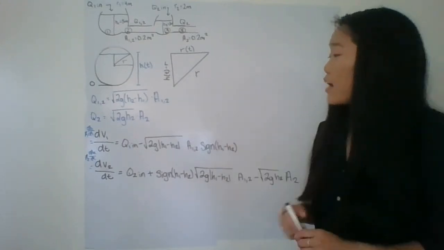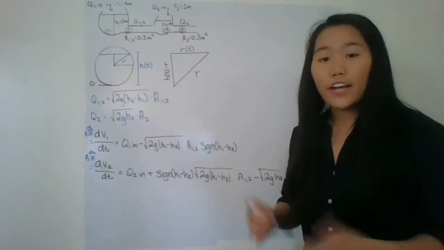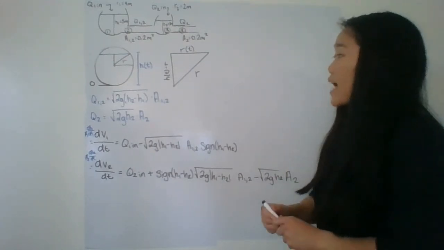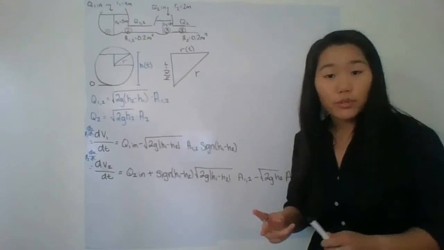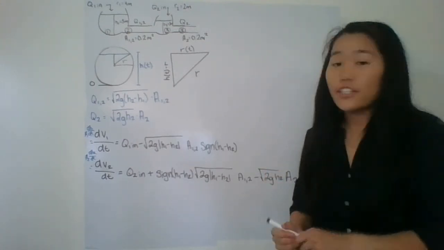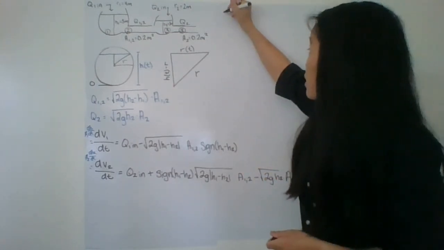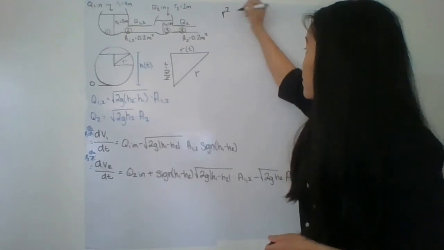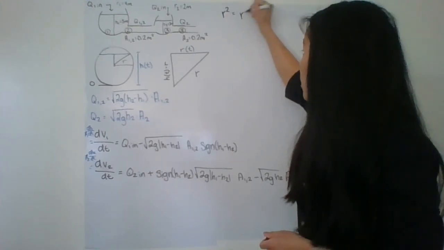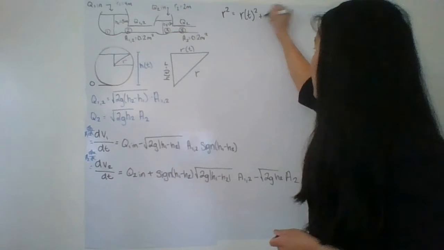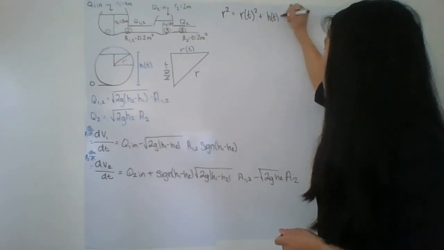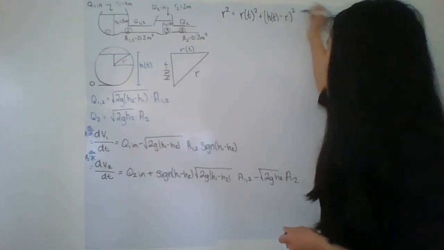Using these, the Pythagorean theorem and the area of a circle, to solve for the radius at time t, we need to have two equations.